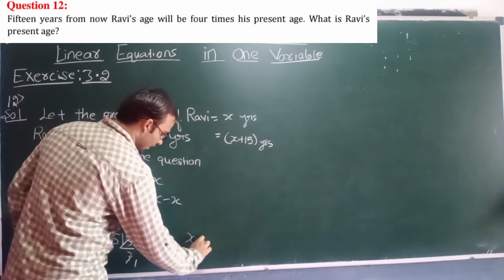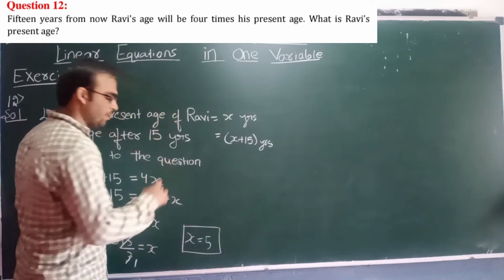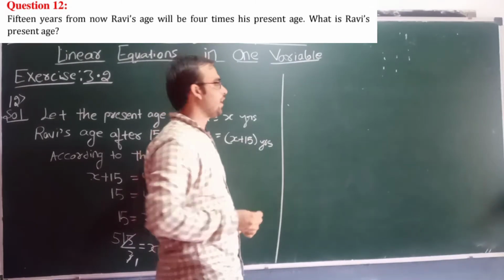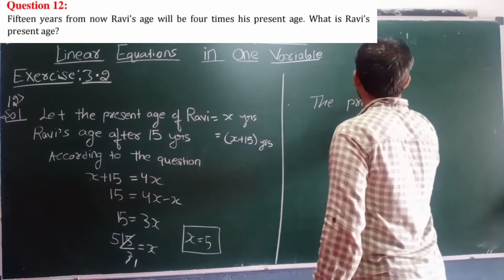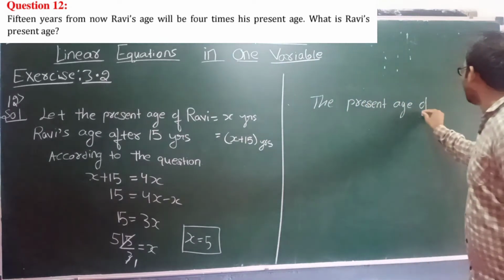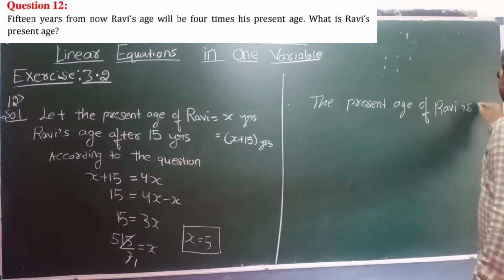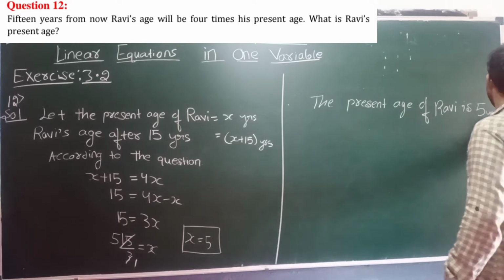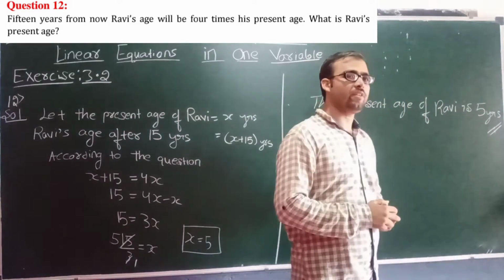Okay, so what is x here? x is 5. Therefore, we can write the present age of Ravi is 5 years. Therefore, the present age of Ravi is 5 years.